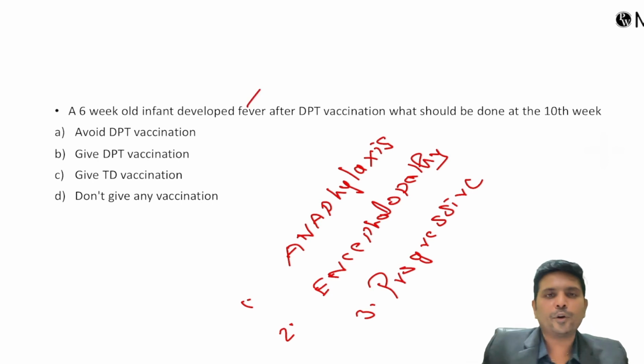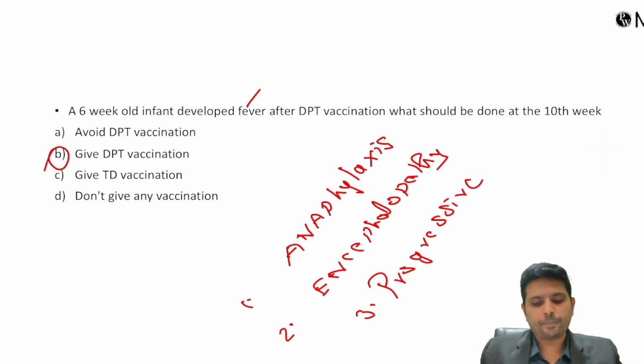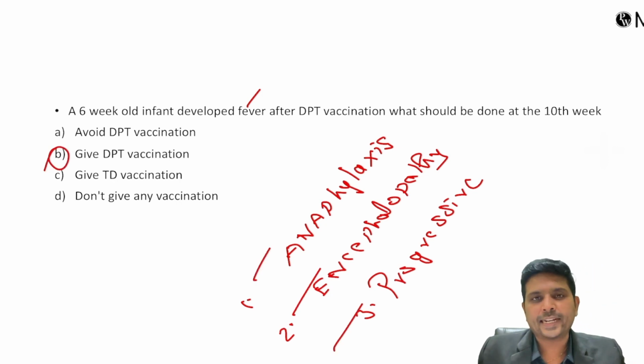The child developed only fever, so there is no contraindication for the next DPT vaccination, given in the form of pentavalent vaccination at 6th, 10th and 14th weeks. So give DPT vaccination because there is no clinical feature suggestive of anaphylaxis, encephalopathy or progressive neurological illness in this child. So the answer for this question is give DPT vaccination.